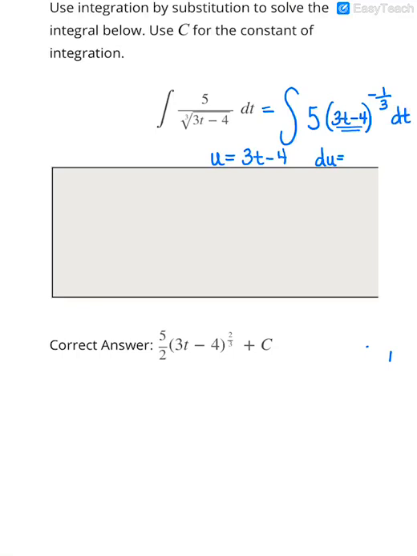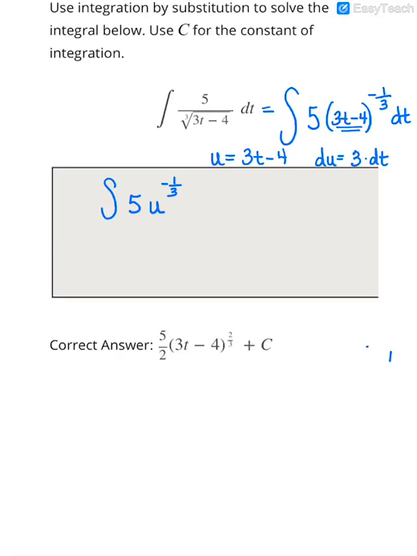When I derive this u with respect to t, I just get a 3, and then I say times dt. Now, it's not immediate when I go to substitute back in, so let me just partially start. We've got a 5, and then in place of the 3t minus 4, we're putting a u. It is raised to a negative 1/3 power.